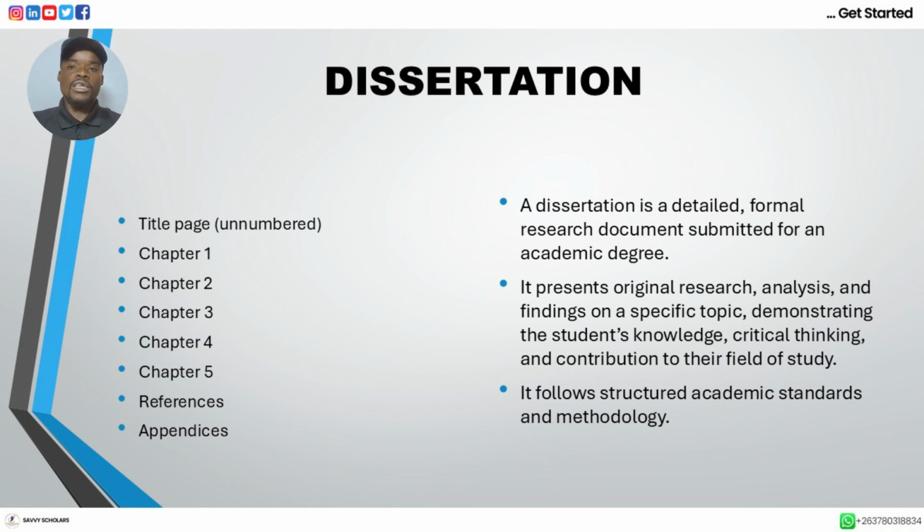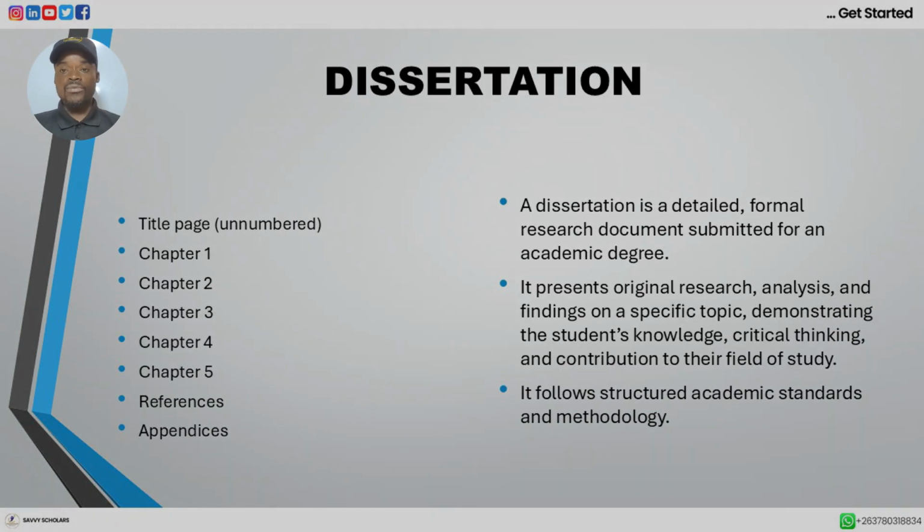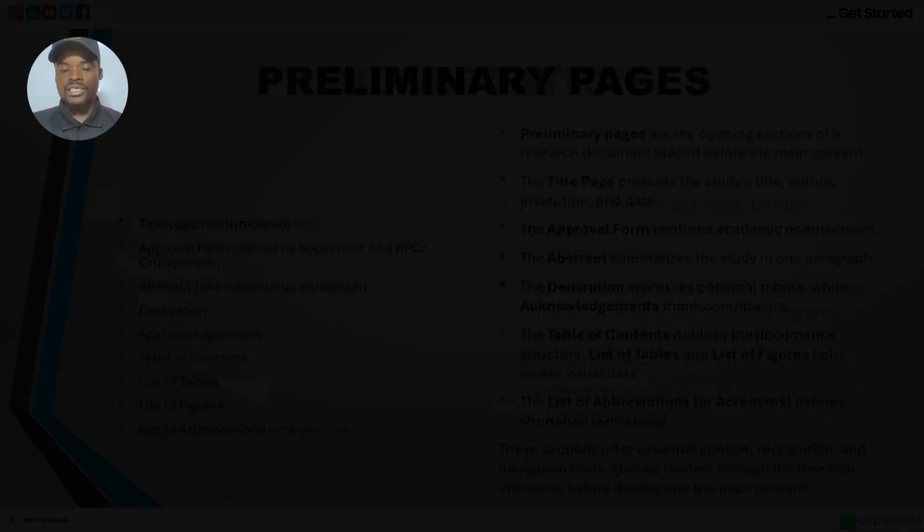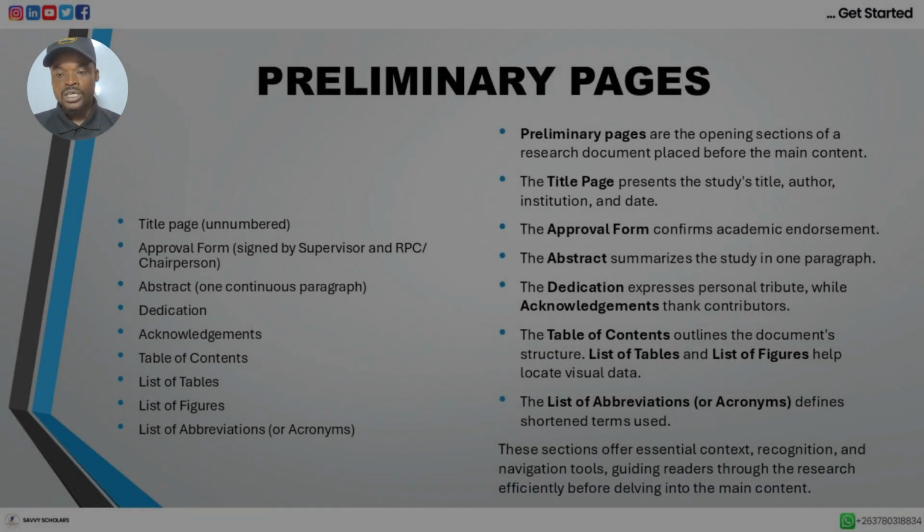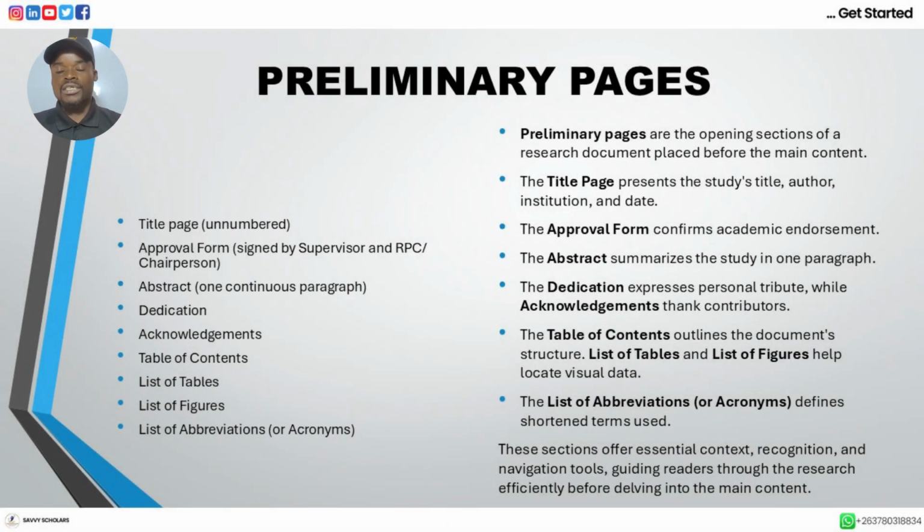When you look at the structural components of the dissertation, we have the preliminary pages. These are the opening sections of a research document that are placed before the main document. The title page presents the study's title, author, institution, and date. The approval form confirms academic endorsement, if required by your academic institution.